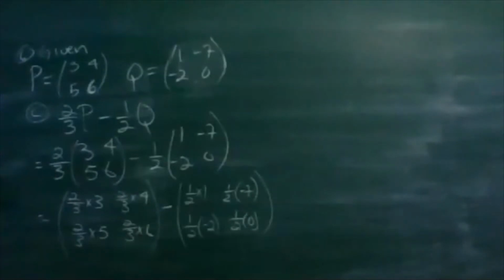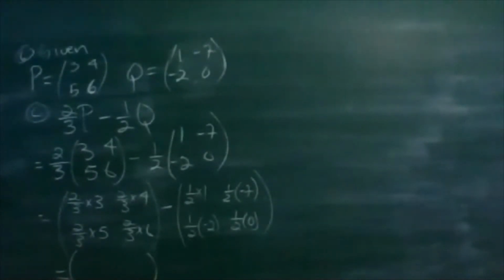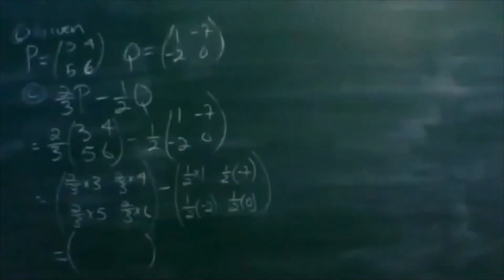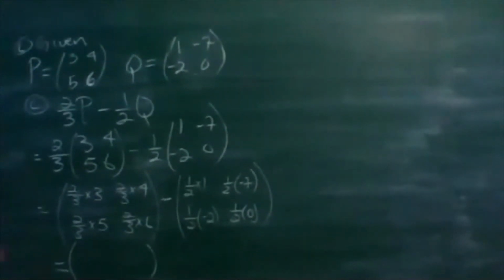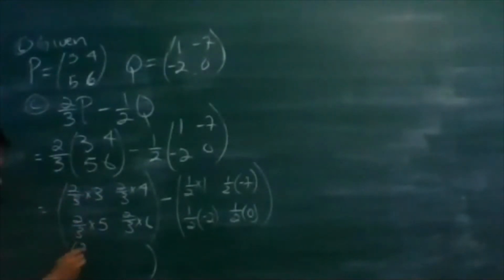Alright? So this will give us, I'll try to fit it in there so that you can see. So the 2/3 of 3, the 3's will cancel, leaving me with 2.